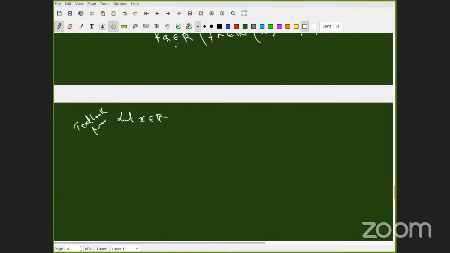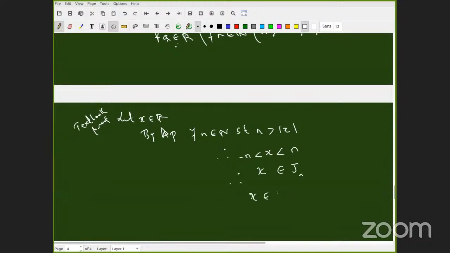They will simply say, by the Archimedean property, there exists a natural number N in N such that N is greater than mod X. Therefore, X is in between minus N and N. Therefore, X is in the union over N in N. It's the other way around, right?